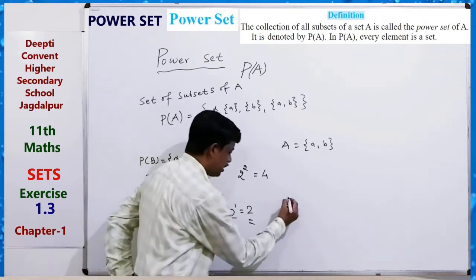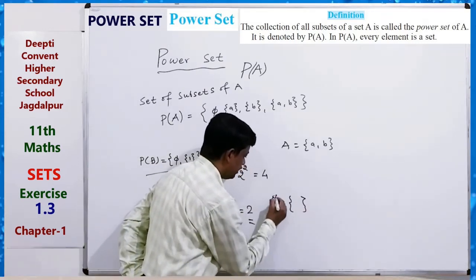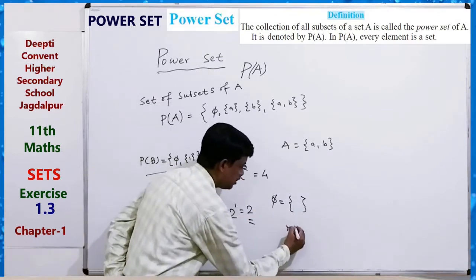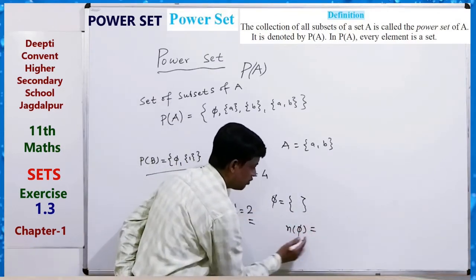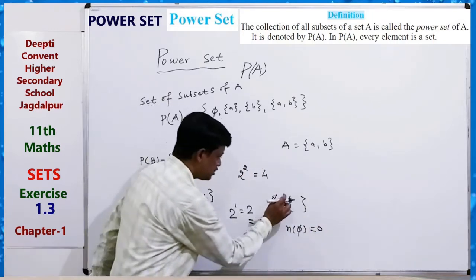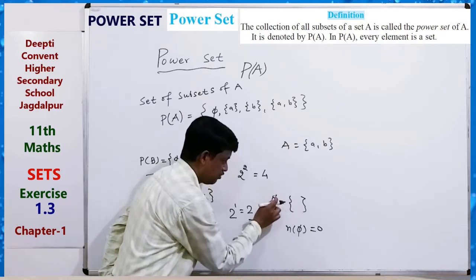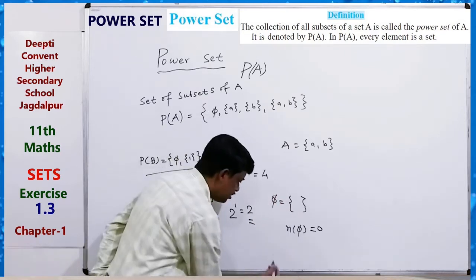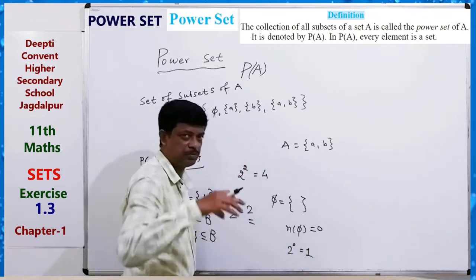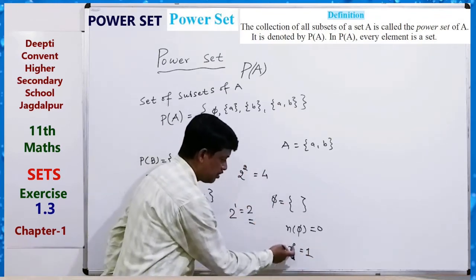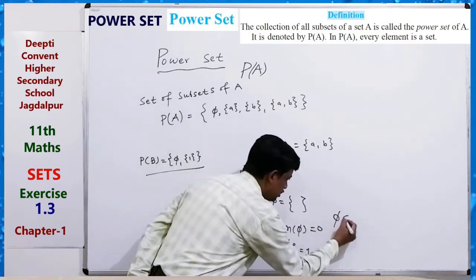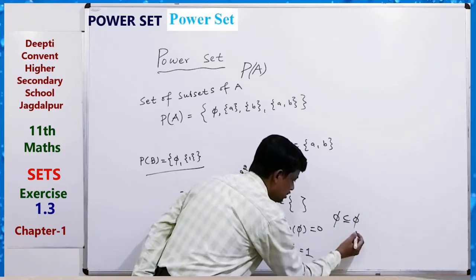Also, suppose we have the empty set containing no element. That is, n(∅) equals what? Cardinal number 0. There is no element. So the number of subsets of ∅ is 2 to the power 0 equals 1. Anything to the power 0 equals 1. The subset of ∅ is ∅. You know, every set is a subset of itself.